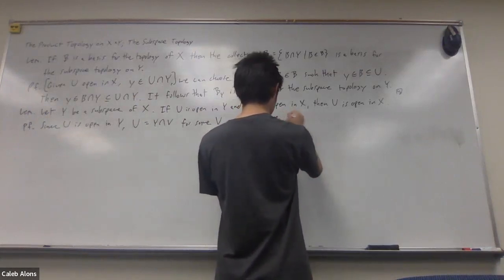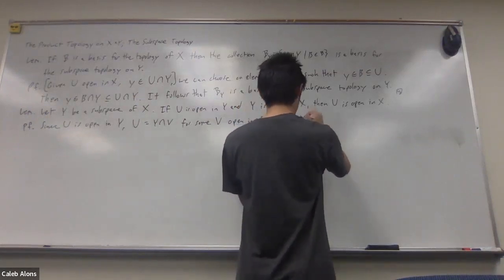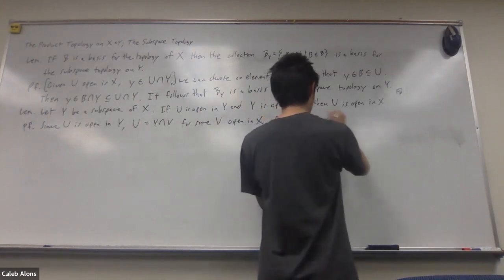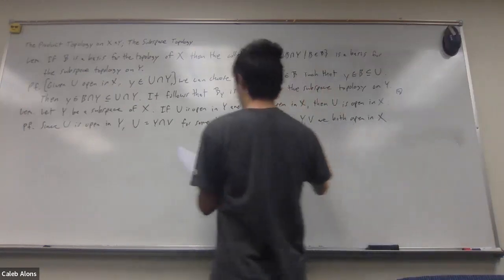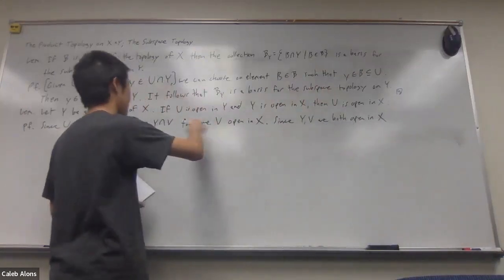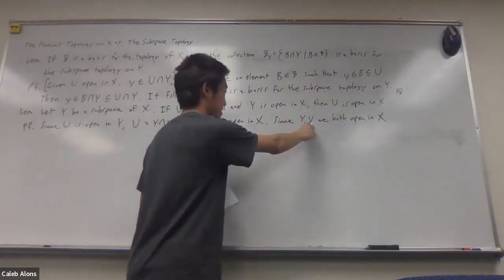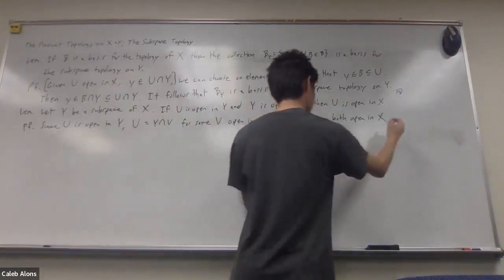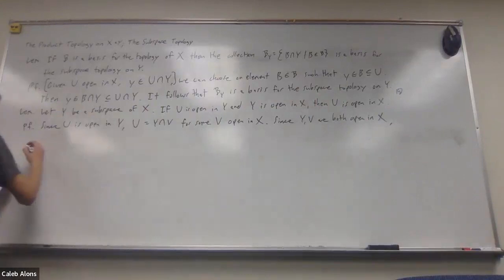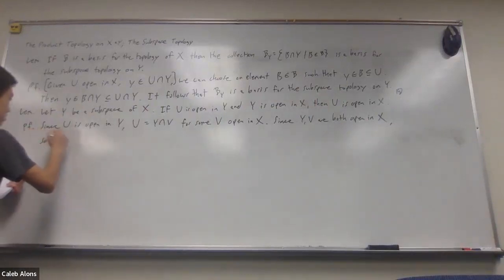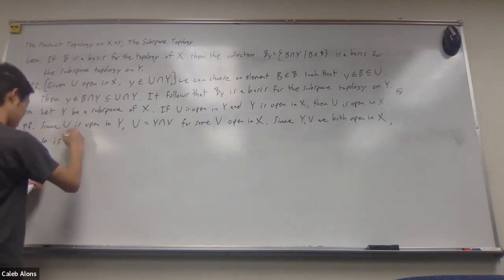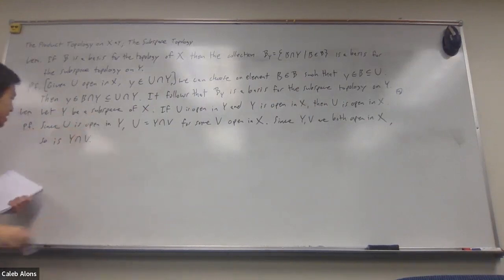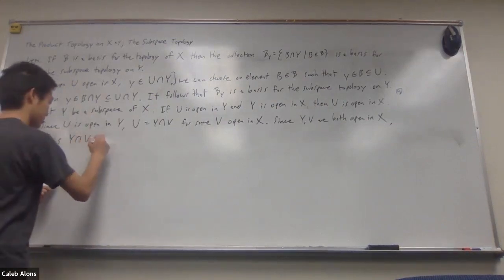So it's just definitional, and then since Y and V are both open in X, Y being open in X by hypothesis, V being open in X by definition, then so is the intersection, because finite intersections are also open. So that one's pretty straightforward.